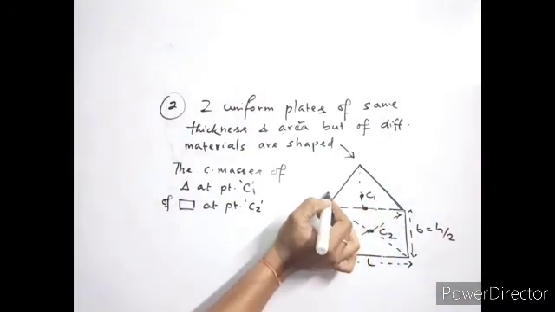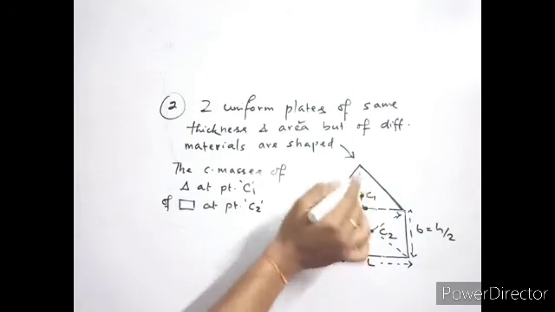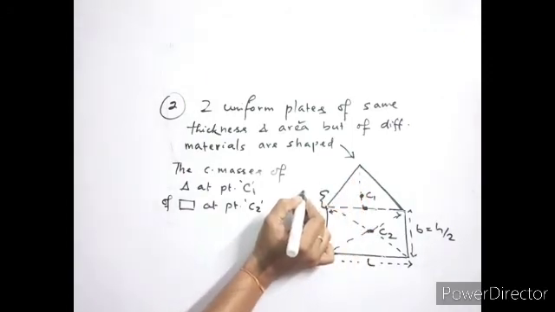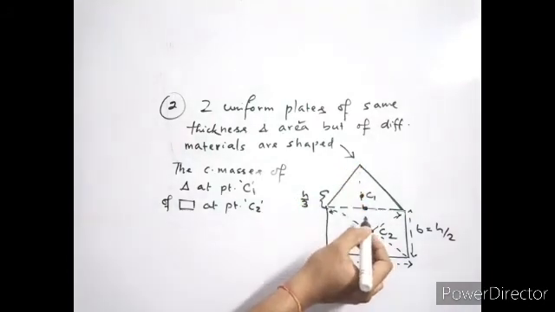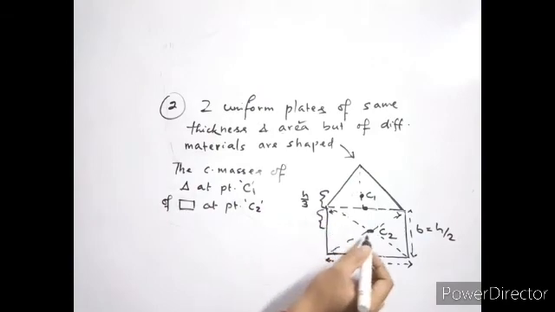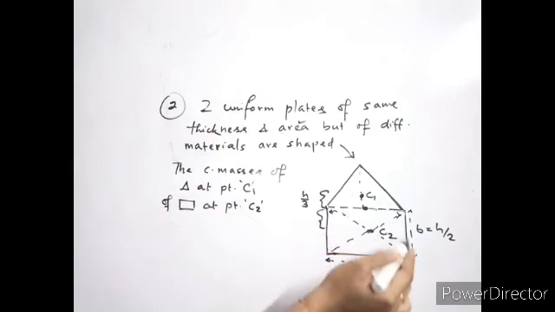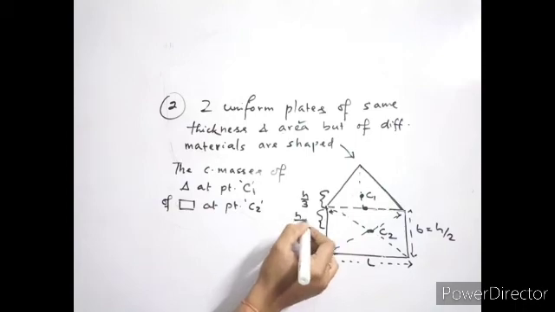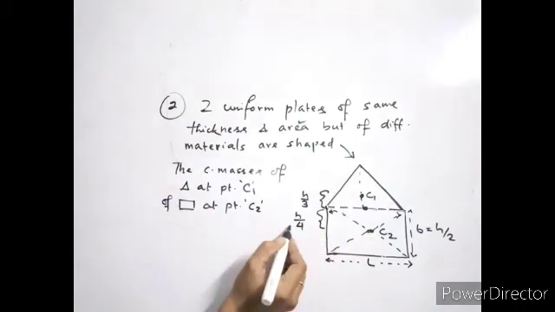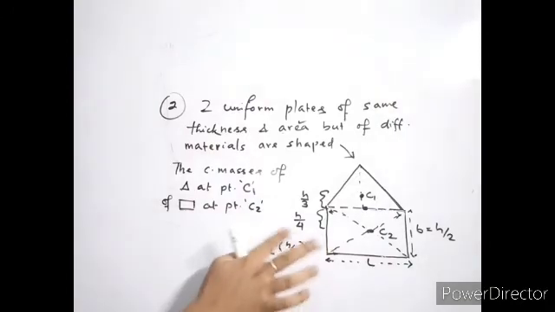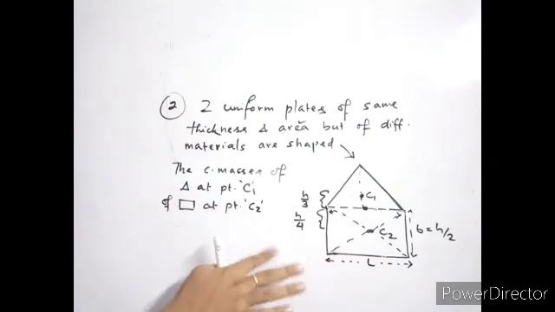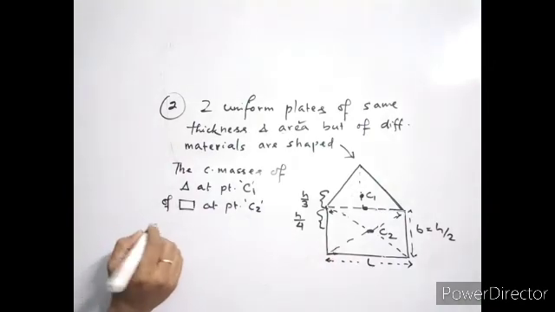Now as we know, the centroid lies at a distance of one third the height of the triangle, h that we have taken, and the diagonals obviously bisect at the midpoint, or exactly at the center of the rectangle, that is at a distance of half the breadth, or as the breadth is half of the height of the triangle, we have that value to be h by 4.